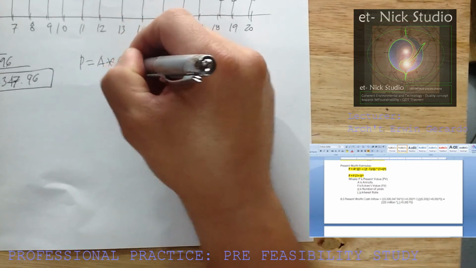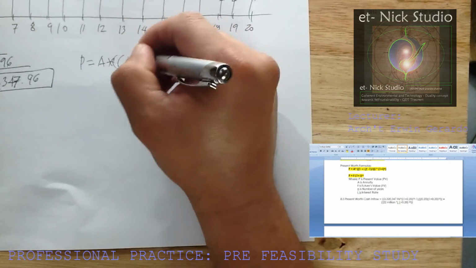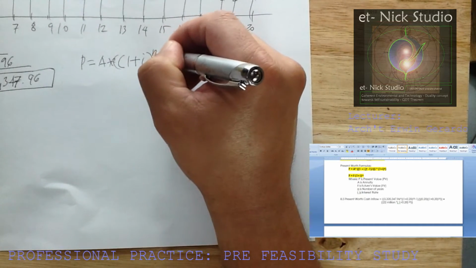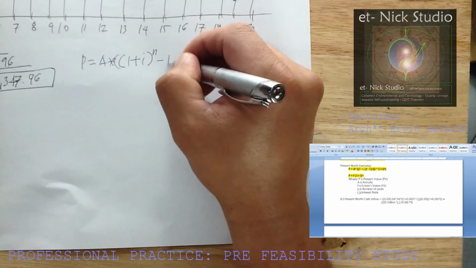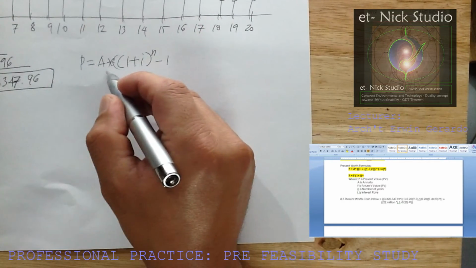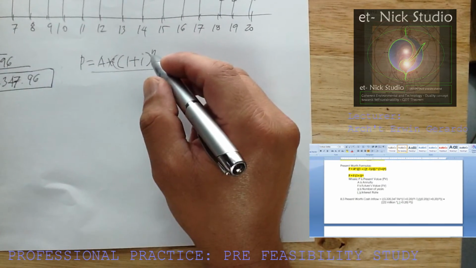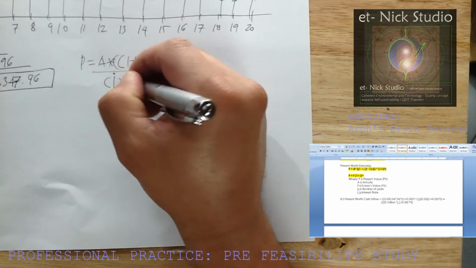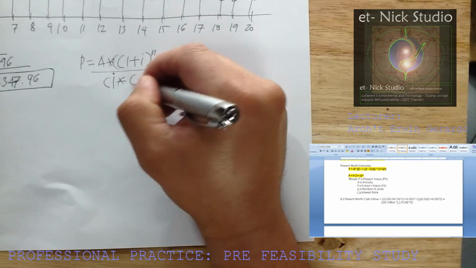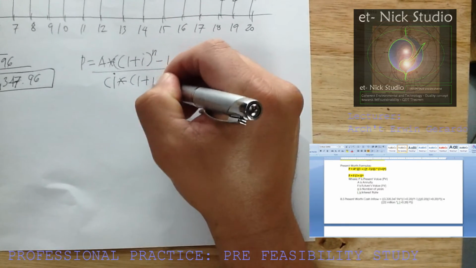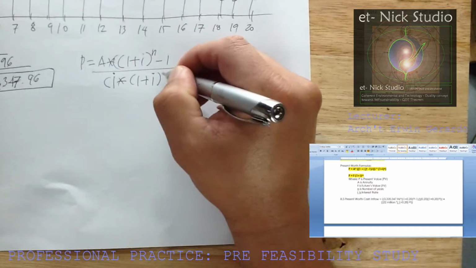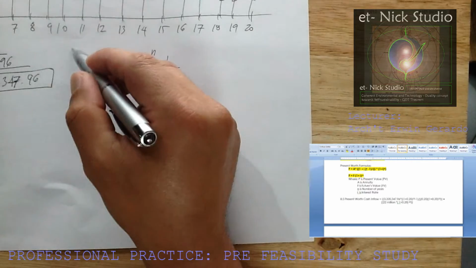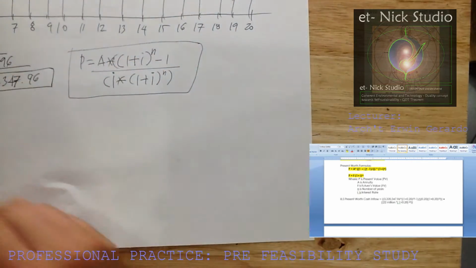Then you need to multiply this by 1 plus the interest raised to the number of years, which is actually 20 years. Then divide it by the interest times 1 plus the interest raised to the number of years. So this is especially true for the annuity.